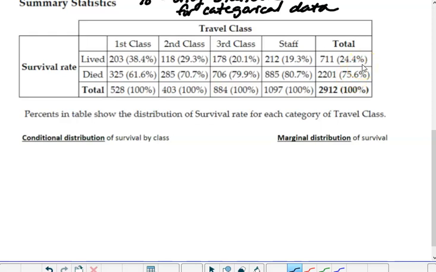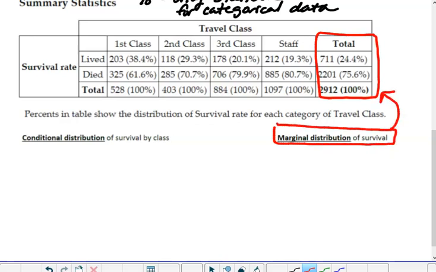We're going to divide these percentages up into two types of distributions. We have what's called the marginal distribution and the conditional distribution. I'm going to start with the marginal distribution, and the reason it's on the right is because I wanted it to be underneath the marginal distribution here. So this marginal distribution is right here.